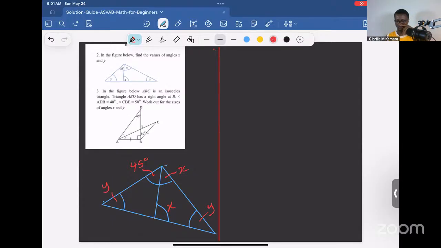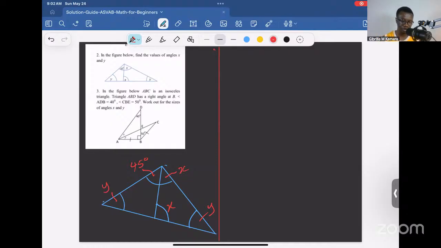Okay, so let's solve. This is somehow tricky. You have to think outside the box to figure out the approach to this question. This is good.